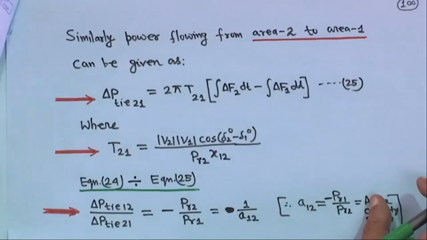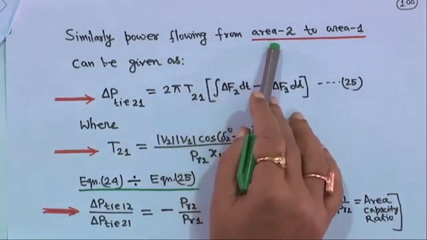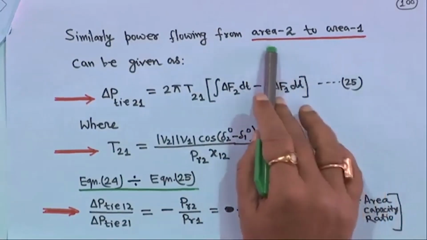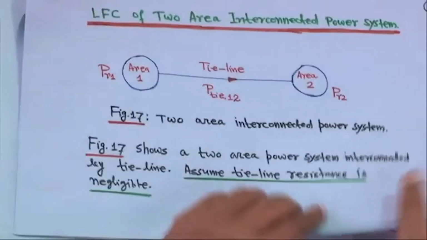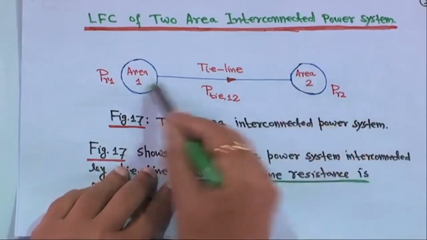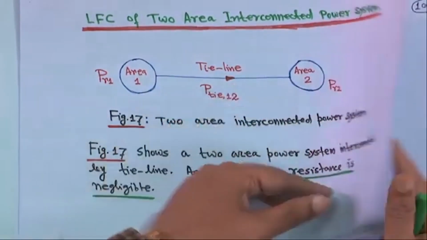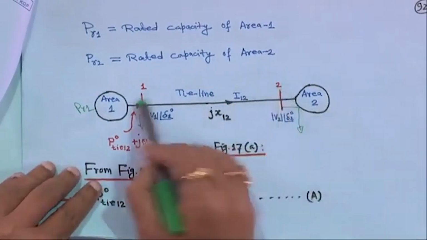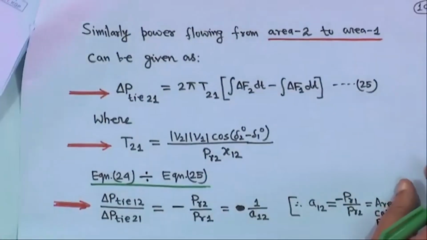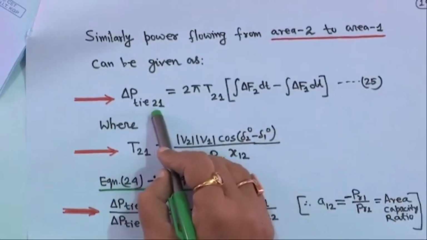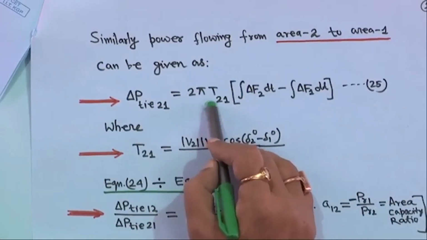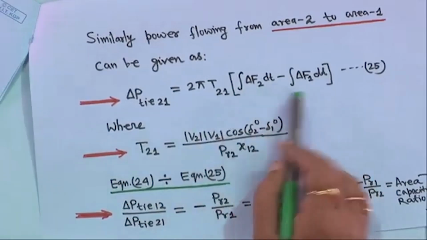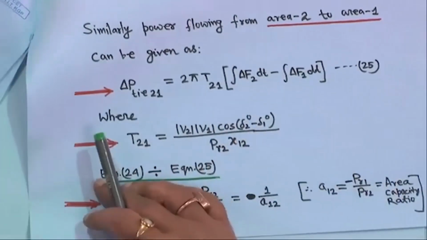Similarly, for power flowing from area 2 to area 1, I am not deriving it, but from inspection you can write it. The direction shown is 1 to 2; if power flows in the direction from 2 to 1, then you can directly write delta P_tie21 is equal to 2 pi T21 times (integral of del f2 minus integral of del f1) dt.